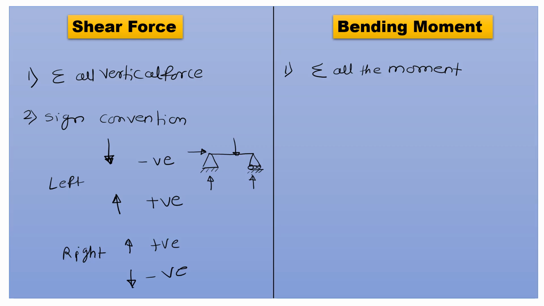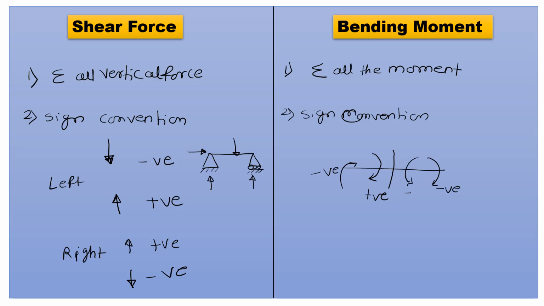The next is the sign convention for bending moment. This is the same beam. If you calculate the moment from the right side, then take this side as positive, and this as negative. Here, clockwise is negative and anti-clockwise is positive.